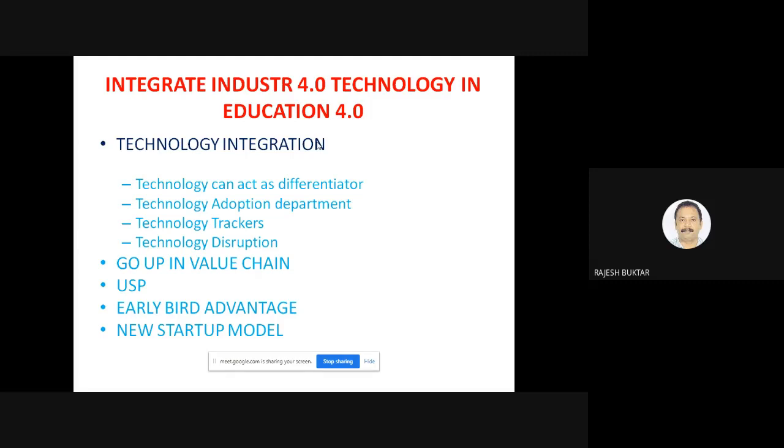Another word is technology disruption, because technologies are very disruptive. We need to understand this disruptive side of technology. Disruption is a very dangerous word because it is going to disrupt everything. In what way?